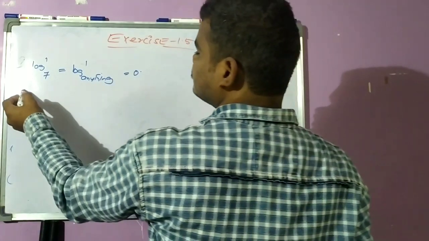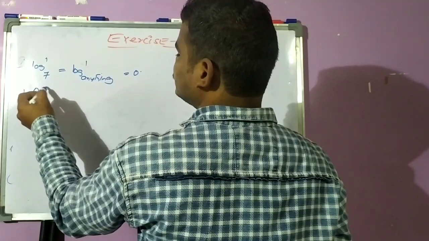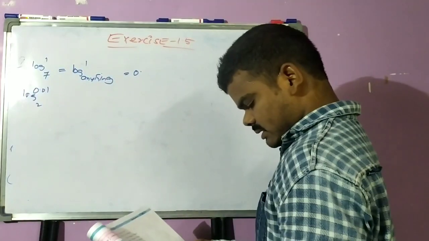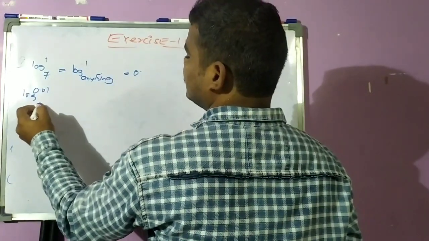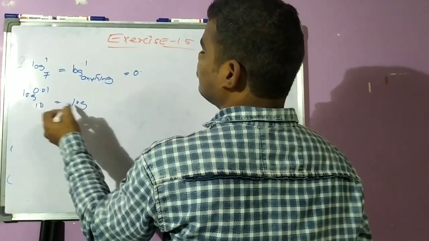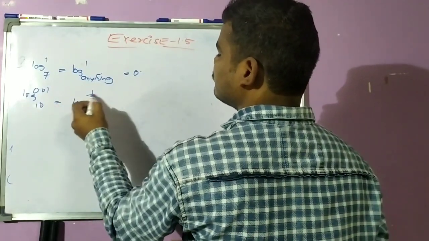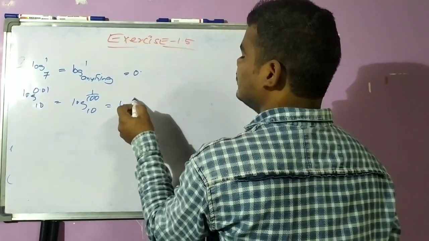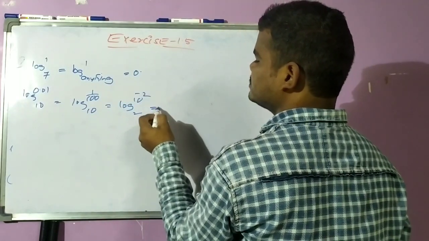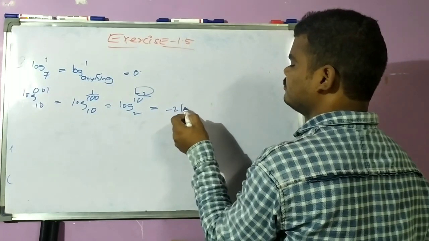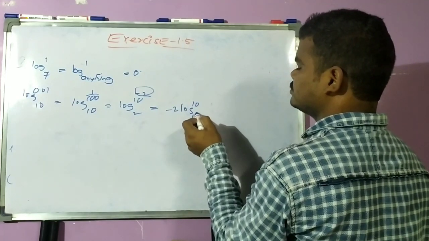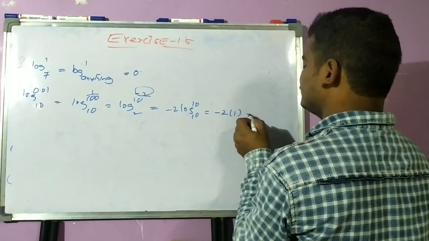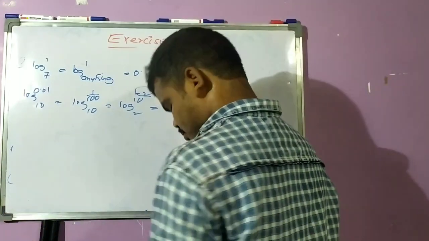Next, logarithm of 0.01 to base 10. Logarithm of 0.01 can be written as 1 by 100. This is 10 to the power of minus 2, to base 10. Minus 2 coming forward. Minus 2 into logarithm of 10 to base 10, which is 1, so minus 1 into 2 is equal to minus 2.